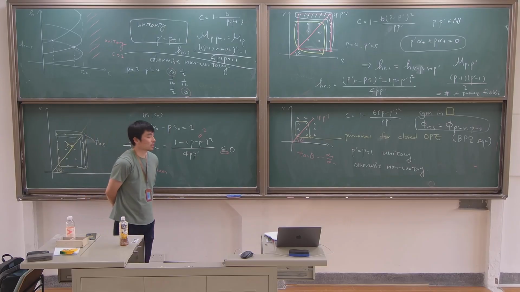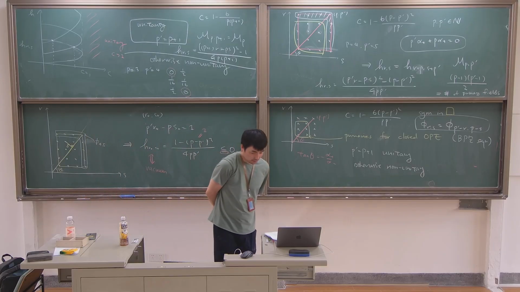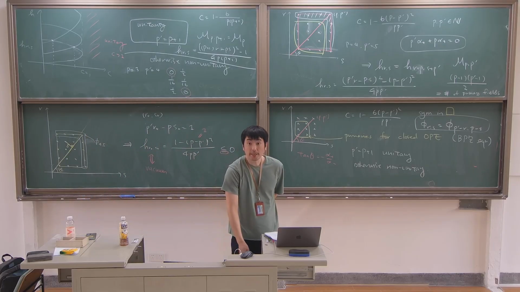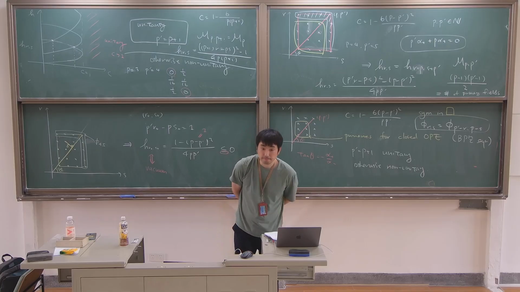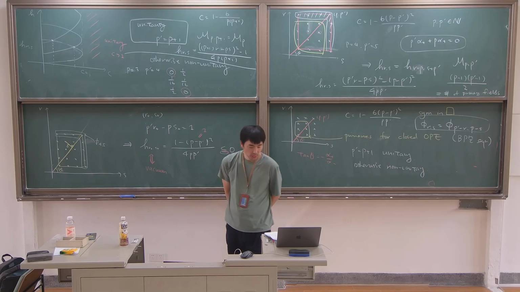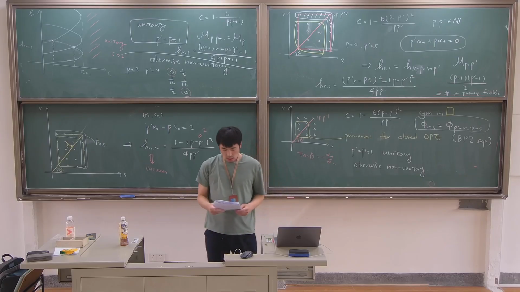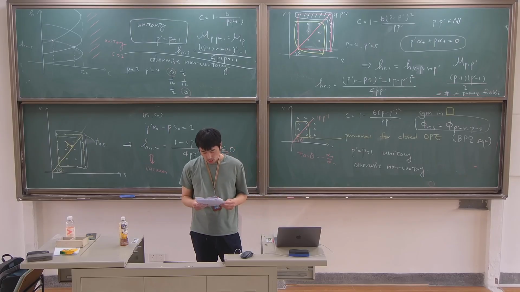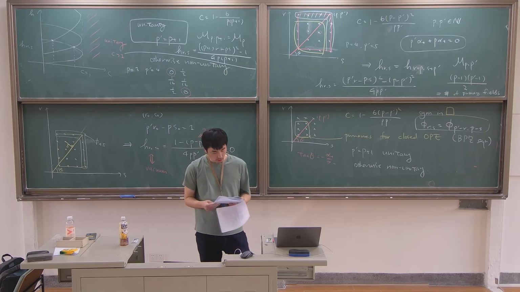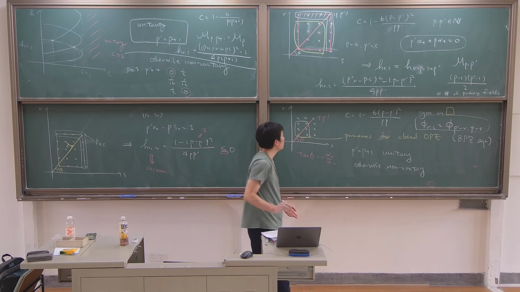Okay, so that's the case. Fine. Any question at this moment? Okay. Then let's take a look at the very particular minimal model. It's called the Ising model.